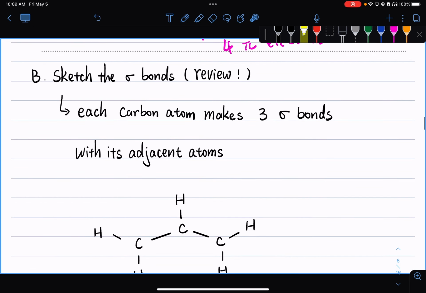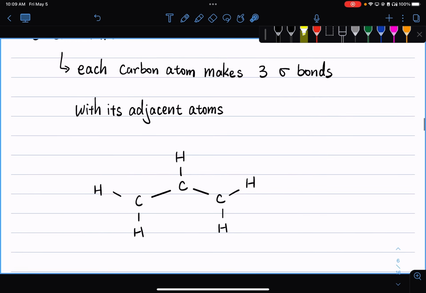What we just derived is that every carbon atom is making 3 sigma bonds using its sp2 hybridized atomic orbitals with its adjacent atoms. So for sketching it, you have 3 sp2 hybridized atomic orbitals for all carbon atoms.